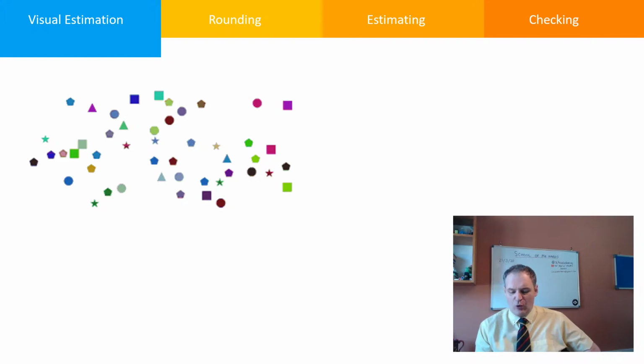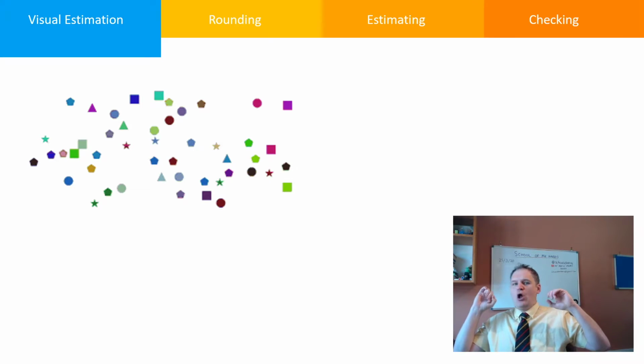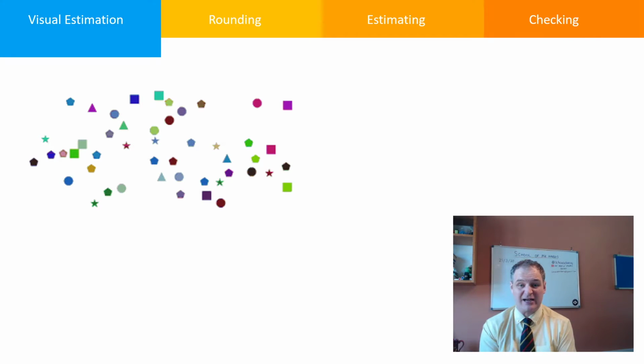Given that there's 48 there, that's only 6 out. If you get lots of people to make an estimation and add them all together, if we did that with 100 people, it's quite likely that the average of adding all their answers together and dividing it by 100, you'd get something close to 48.